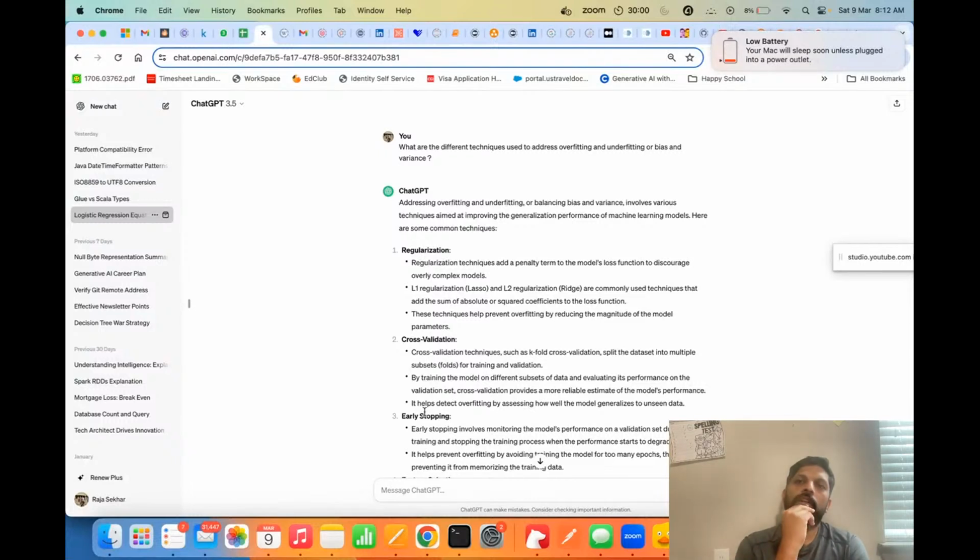Addressing overfitting and underfitting, or balancing bias and variance, involves various techniques in improving generalization. We talked of generalization, right? Performance of machine learning models. Here are some common techniques.